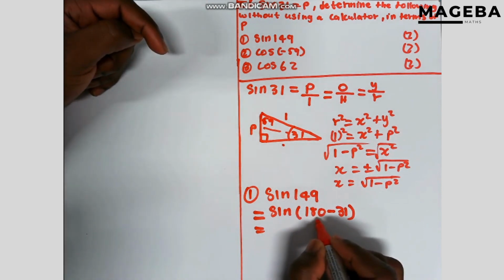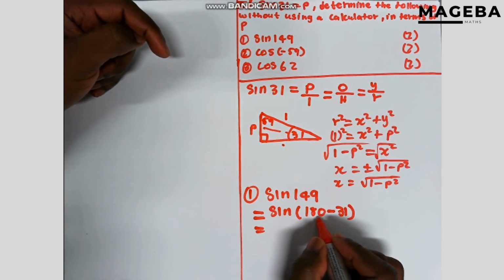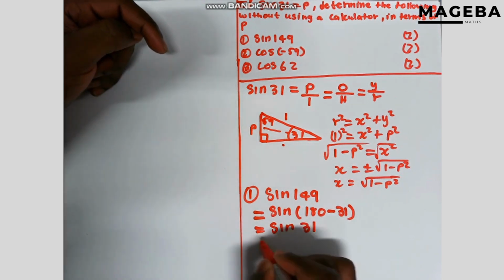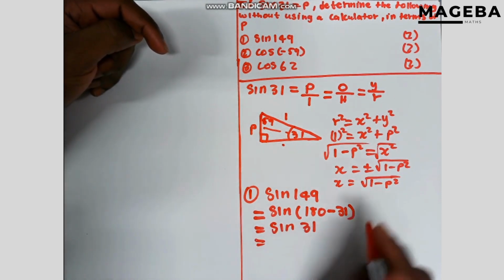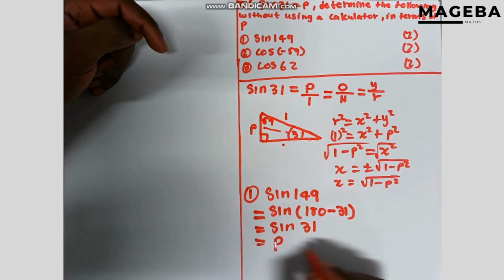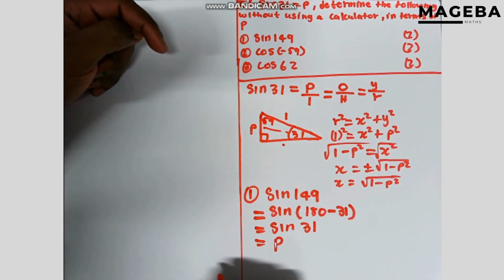So 180 minus which quadrant? 180 minus is the second quadrant. Sine is positive in the second quadrant, so we're just going to have sine 31. We only have sine 31 there, which is p. I hope you understand that one.